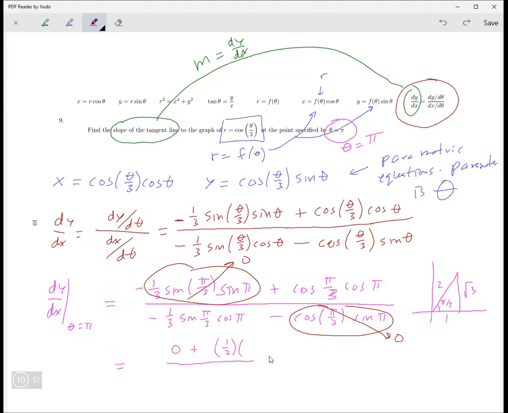And cosine of pi is going to be -1. And then down here, we have negative 1/3. And then sine of pi over 3 will be root 3 over 2. And cosine is -1, so we get that. Okay, so what do we got?